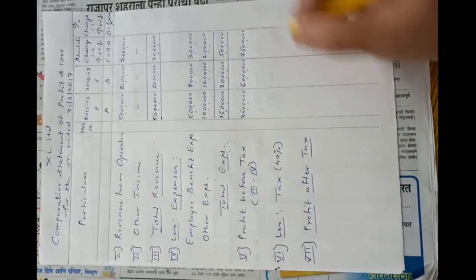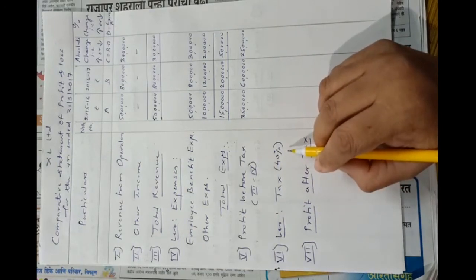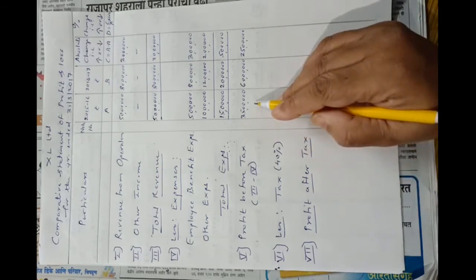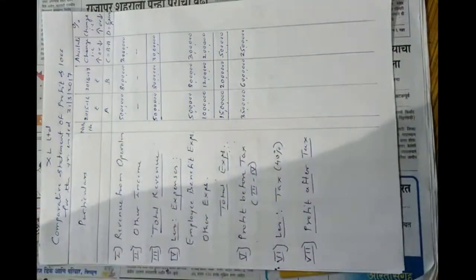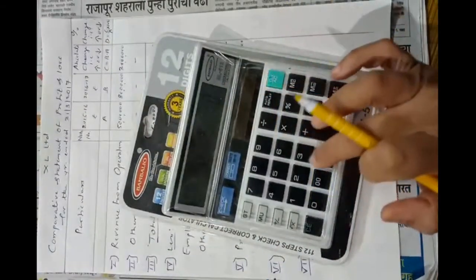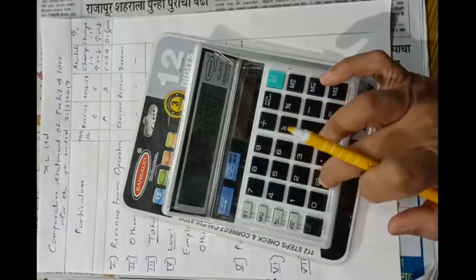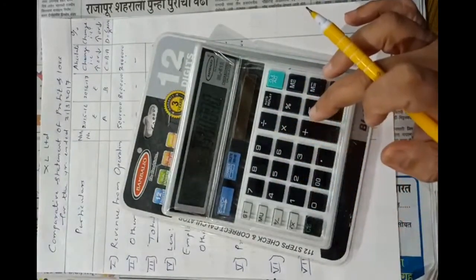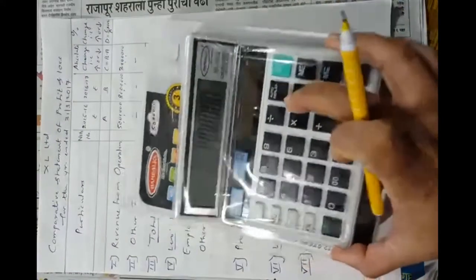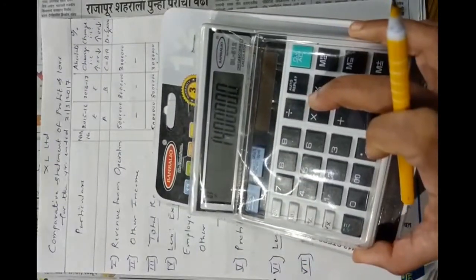Okay, now they told us that tax will be 40% of 35 lakhs. Okay, so let's calculate. It is, see the amount, it is 14 lakhs.